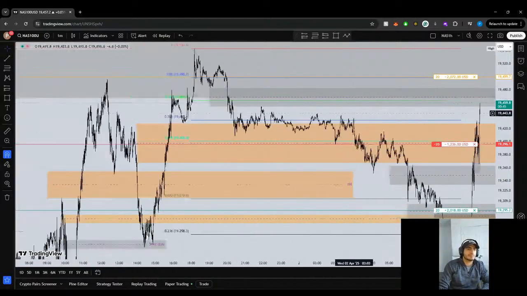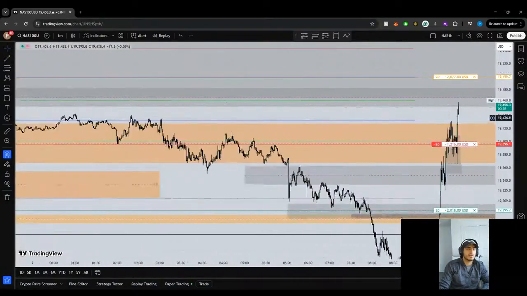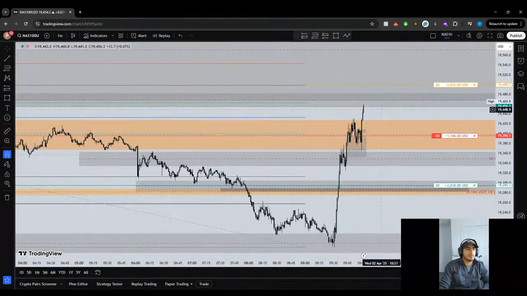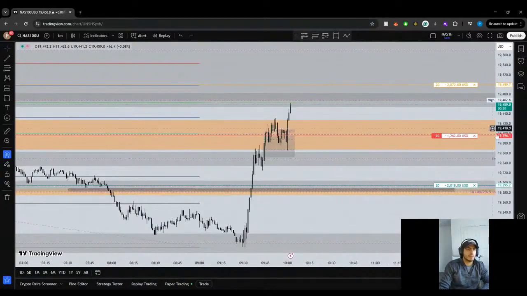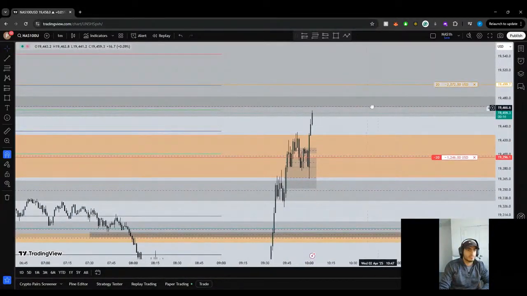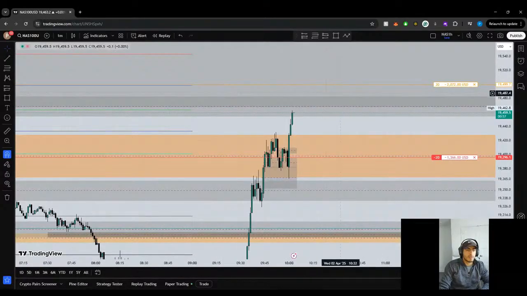I was married to that idea, and that hindered my thought process. So I was married to the short. Never want to be married to ideas, because then it's not going to give you the luxury of actually being able to intercept what the market is telling you. And this market is strong, real strong.